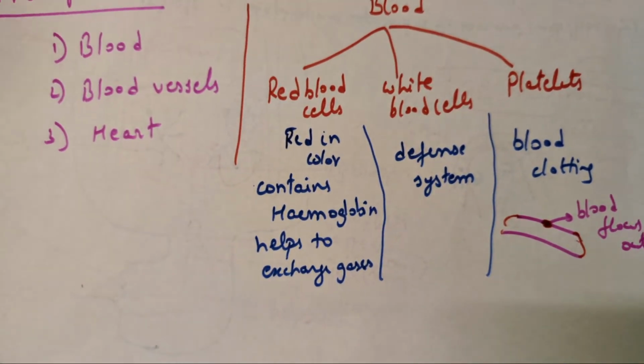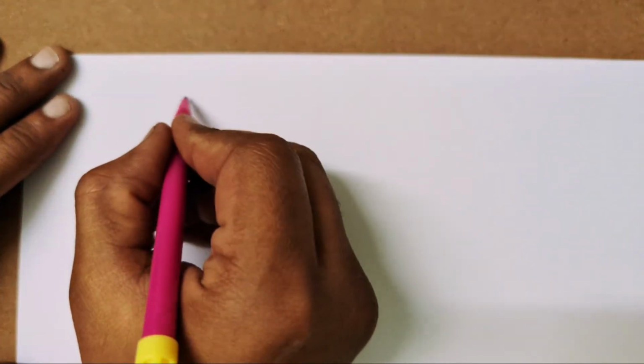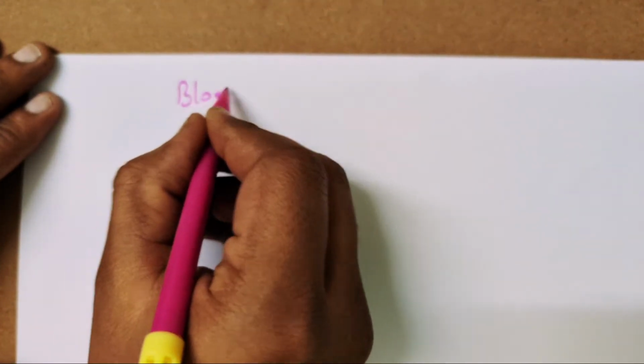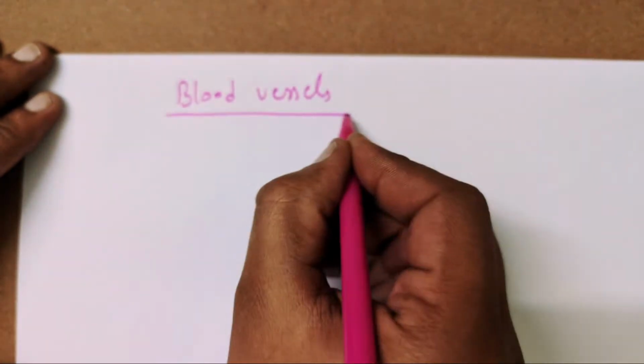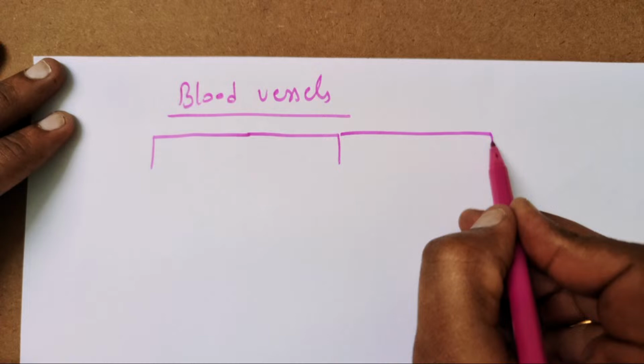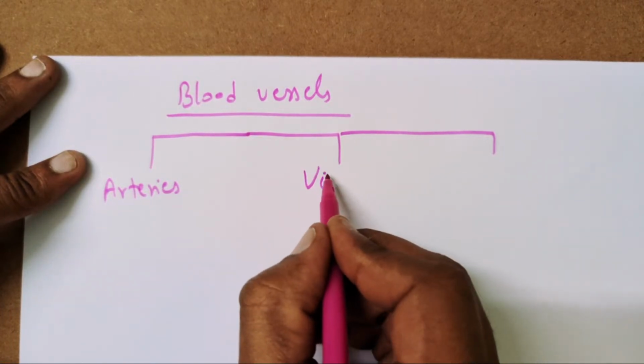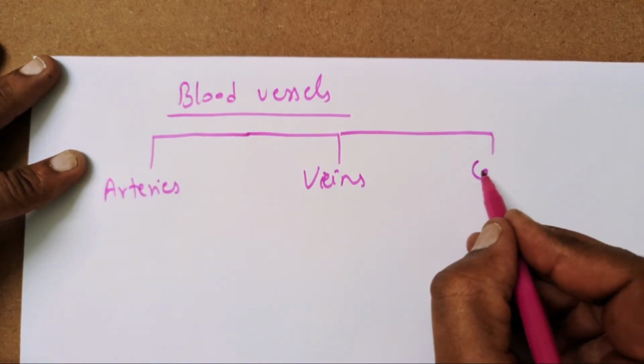Now we study blood vessels. Blood vessels are also of three types: arteries, veins, and capillaries.